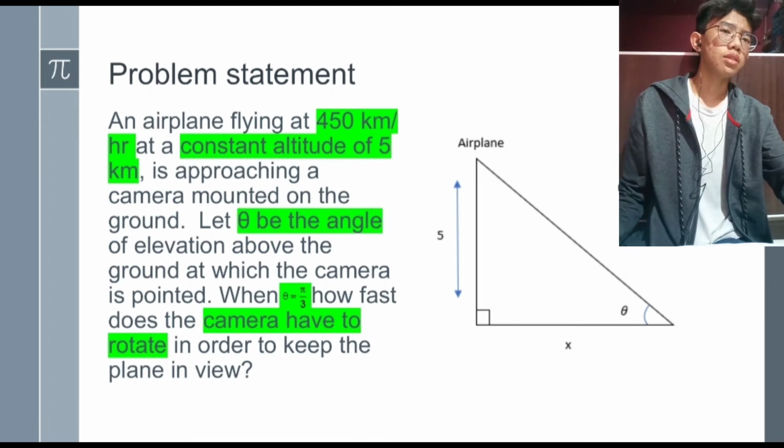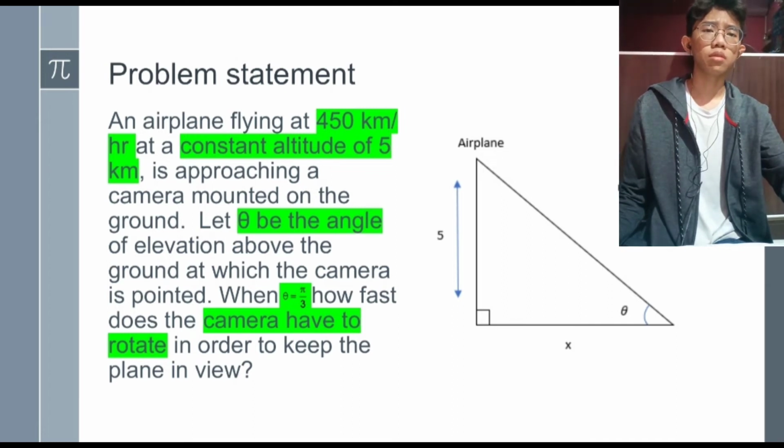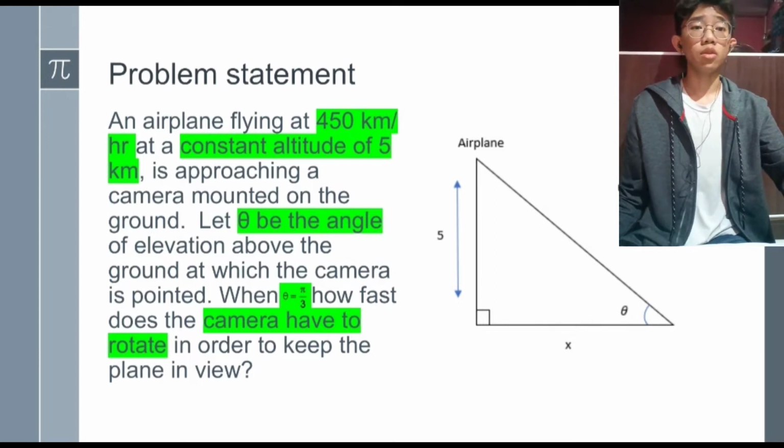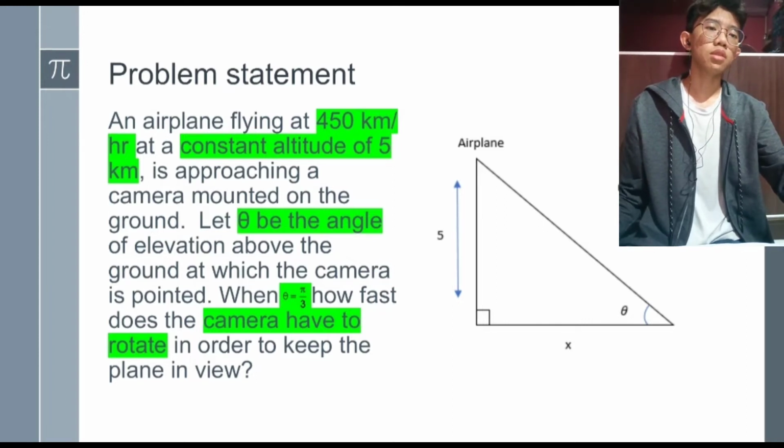So this is the problem statement. An airplane flying at 450 km per hour at a constant altitude of 5 km is approaching a camera mounted on the ground. Let theta be the angle of elevation above the ground at which the camera is pointed.